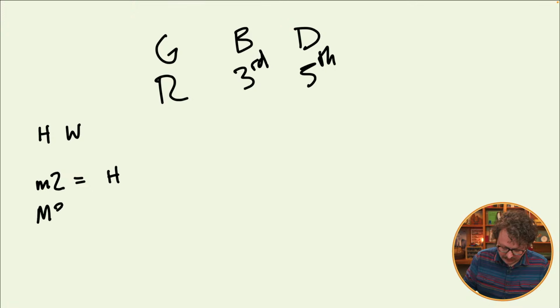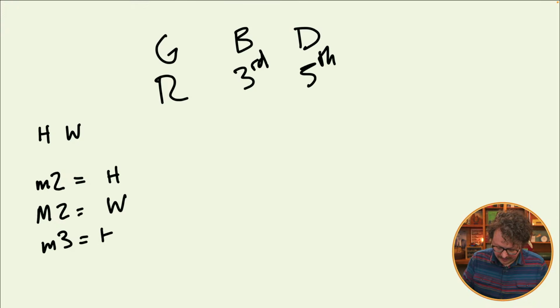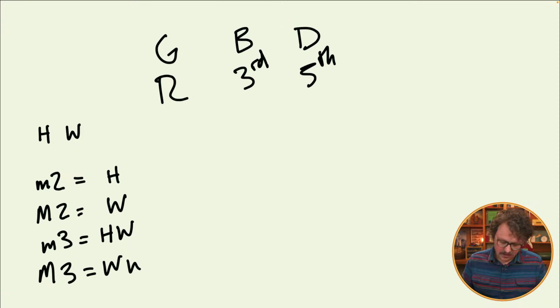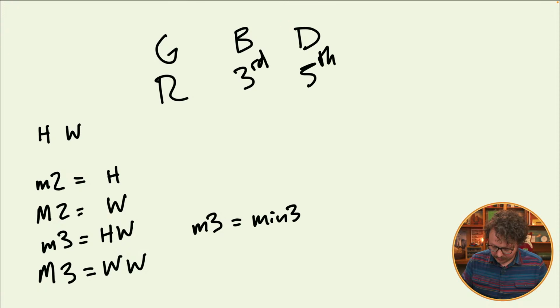If we have a major second, the distance is a whole step. If we have a minor third, the distance is a half step and a whole step. And if we have a major third, the distance is a whole step and a whole step. And so lowercase m3 is basically the same as saying a minor third, and uppercase M3 is the same as saying major third.